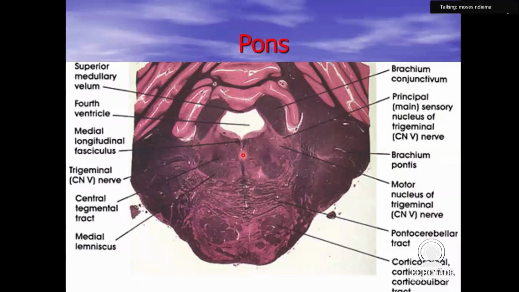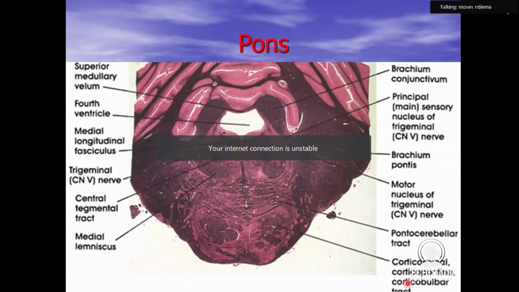The other longitudinal fibers are the fibers that end up in the pons. From the cerebral cortex, we have the corticopontine fibers, and also corticospinal fibers, and then corticobulbar fibers.